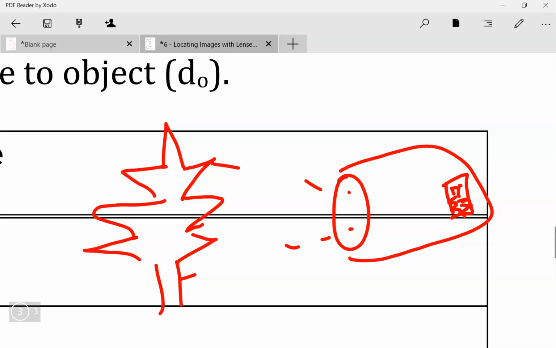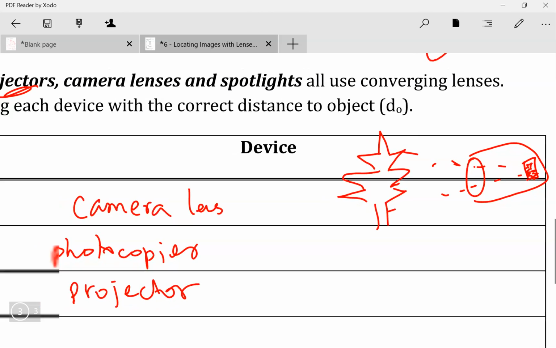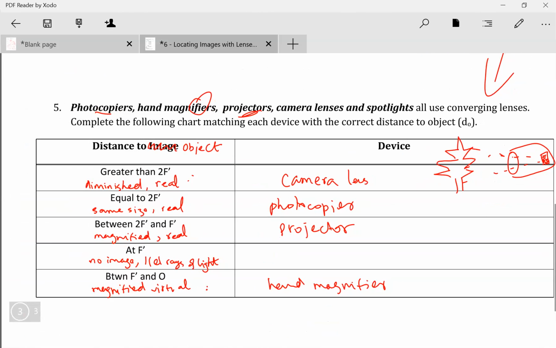This photographic film takes the picture. When light hits it, there's a chemical reaction, like the old-day cameras, and the picture is formed. This film is obviously small unless you want to carry a camera the size of a tree, so you need a diminished image to form there. That's why you need this to be true.